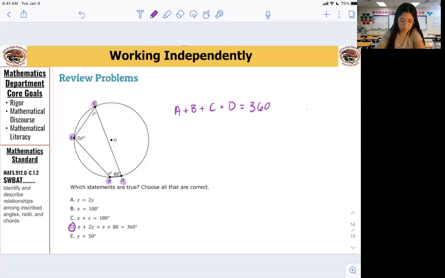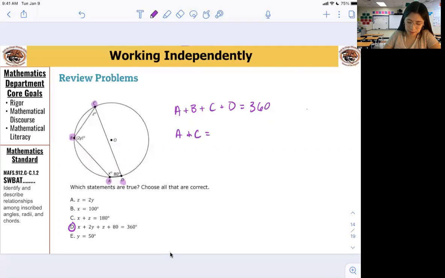I think the hardest part about this question is that there's 3 different variables that we have to find before we could actually answer it. That's what we're going to go through together to see what we get. So all together, all 4 of them do make 360 degrees. C, x plus z equal 180. That is also true because those are opposite angles.